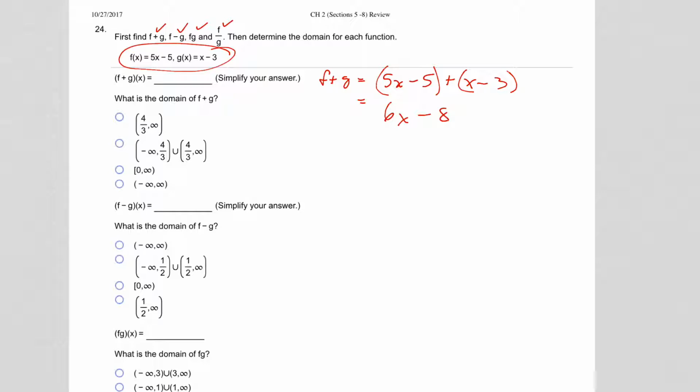Okay. So that's f plus g. Okay, what's the domain? There are no restrictions in linear functions, so the domain is all real numbers. Okay. Next we have f minus g.